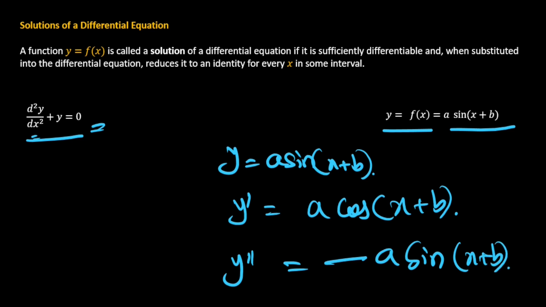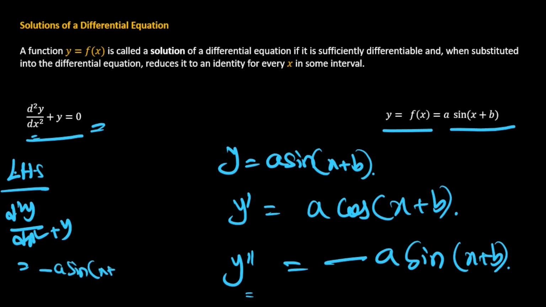Now the left hand side is d2y/dx2 plus y. The second derivative is minus a sin(x plus b), and y is a sin(x plus b). So that is equal to 0. Thus we get 0, so the left hand side is equal to the right hand side, which is 0.